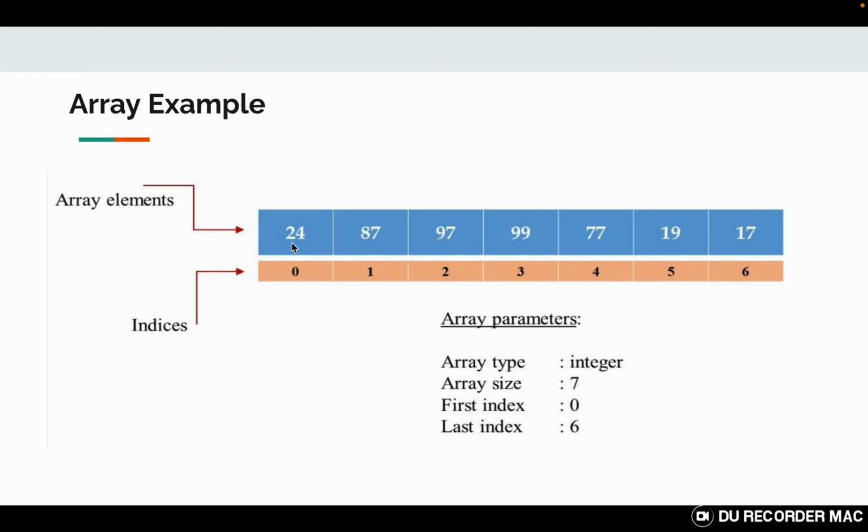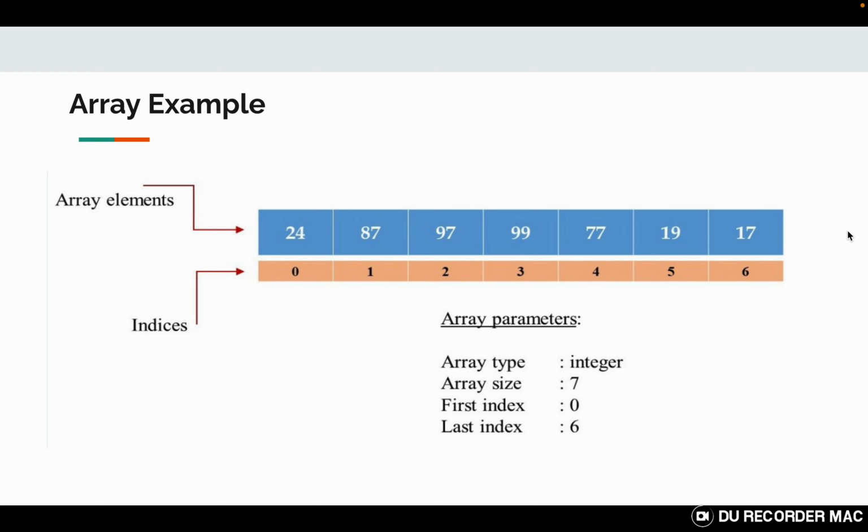So this is the 0th position, this is the first position, this is the second position, this is the third position. Similarly, it will go till the end of the array. All these elements are stored in a particular memory location in the computer, and all these elements can also be accessed.